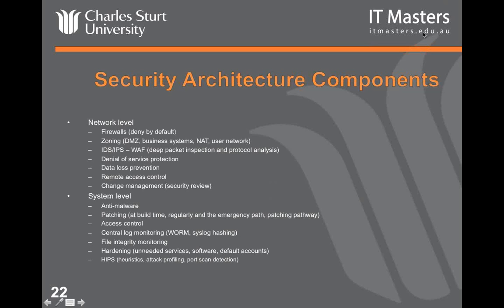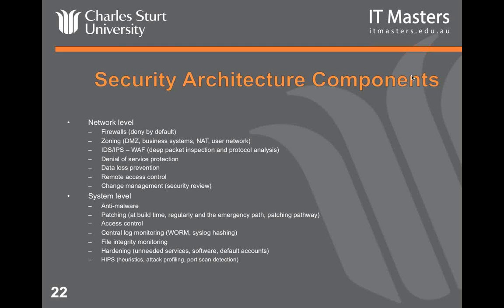And I think the targets of the world who seem to have had fairly flat networks could have done with some zoning for that matter. We've talked about IDS, IPS, and WAF, deep packet inspection and protocol analysis, and application protocol analysis.